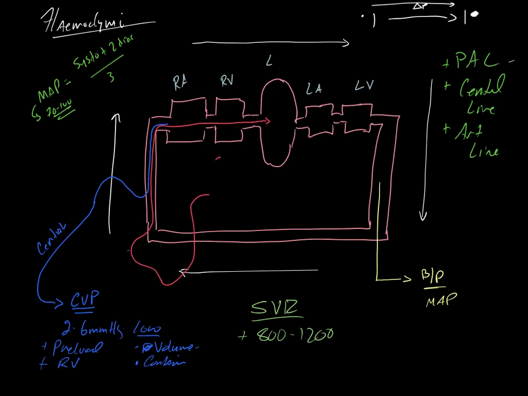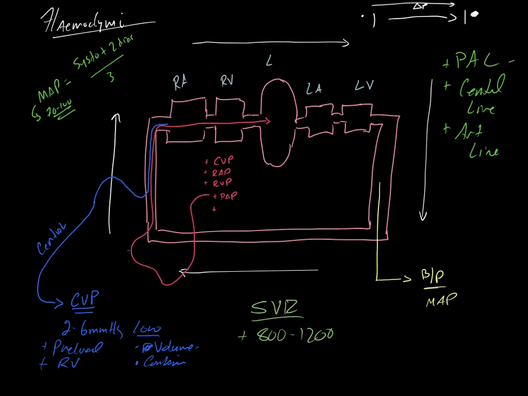Good. So you can see your CVP while you're inserting it. Good. What else? Ventricular pressure as you go through. Good. So you get your right atrial pressure, right? Your right ventricular pressure, your pulmonary artery pressure, and then what can you do? When you wedge it, you can indirectly look at the left side of the heart. Good.